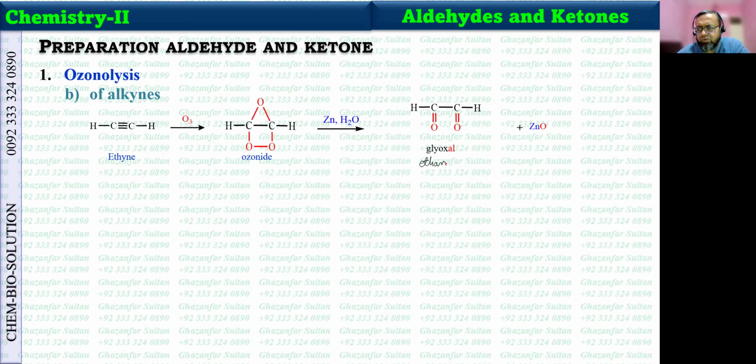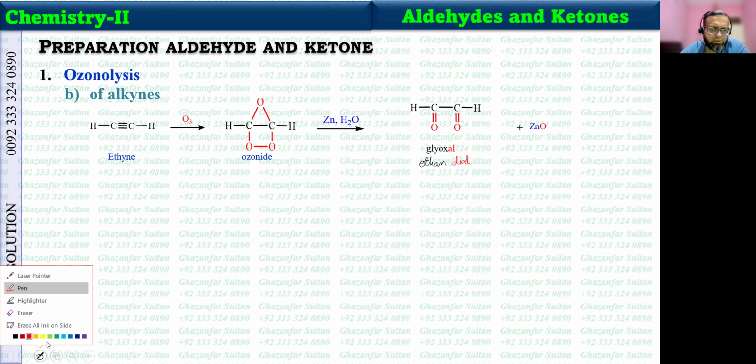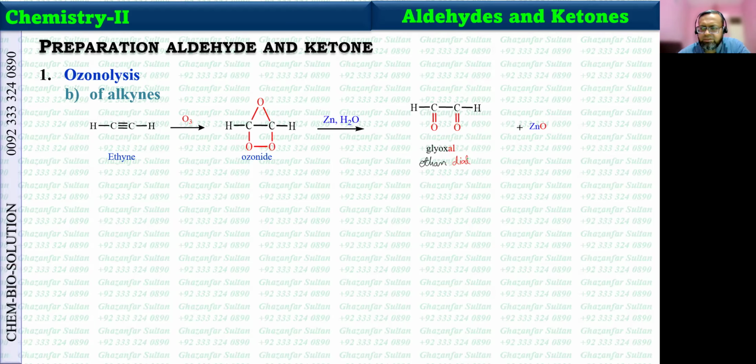So one is on one terminal and another is on the other terminal. But remember that we will keep the E of the ethane because now the next letter is not a vowel, it is a consonant. So the name is ethanedial and we keep this E. We don't omit this E.